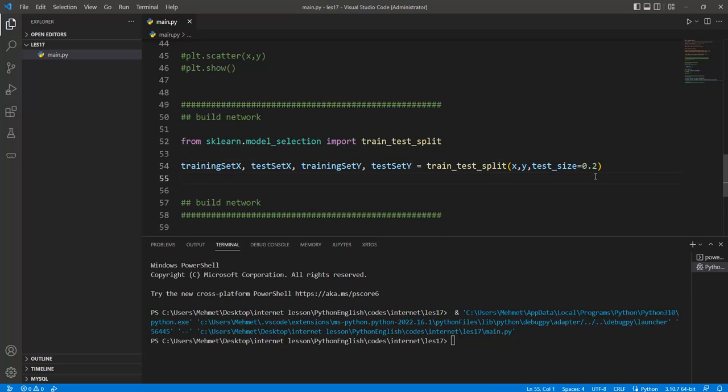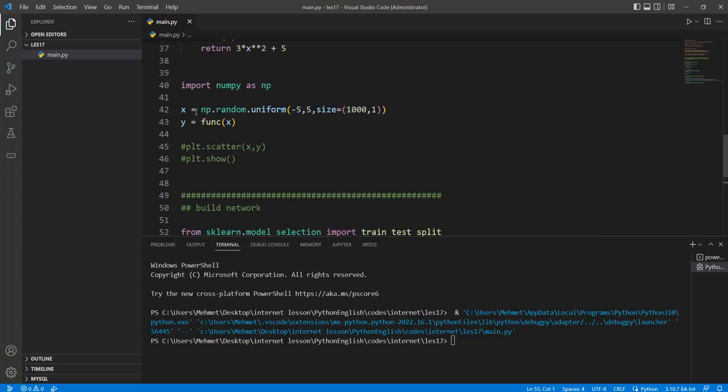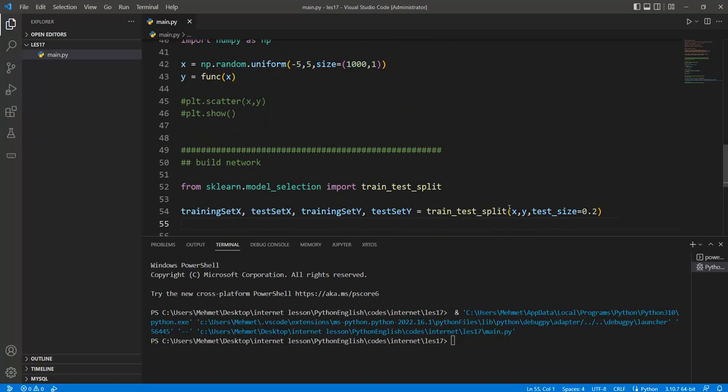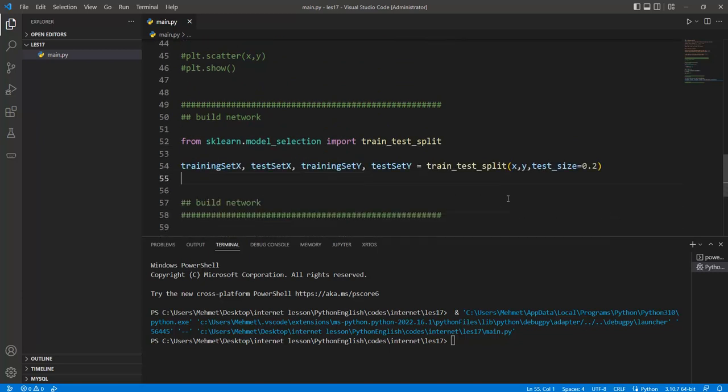Meaning of this is that only 20% of the total x and y data is utilized for the test process. And so the 80% of the whole training set x is included in here, and the other 20% of data is given to the test. And so this must be equal to 80 times, and this is the 2 times.